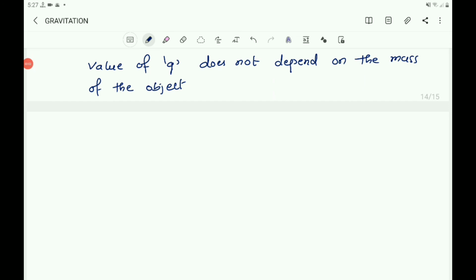So you write that the earth is not a perfect sphere. The value of g becomes greater at the poles than at the equator.